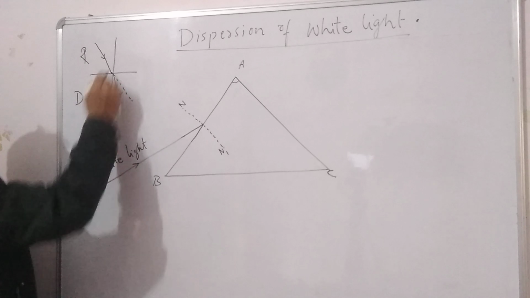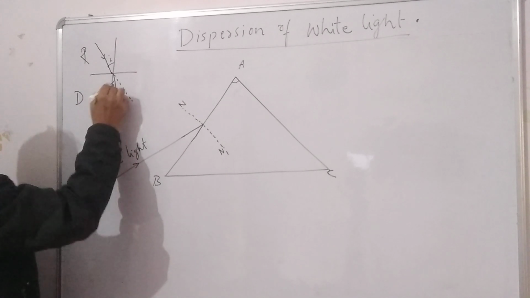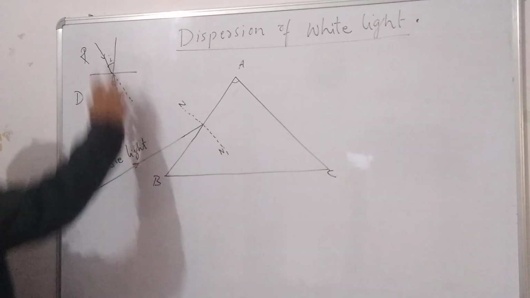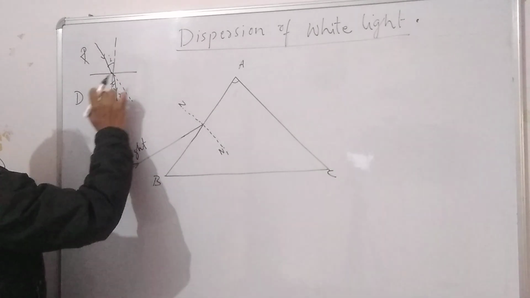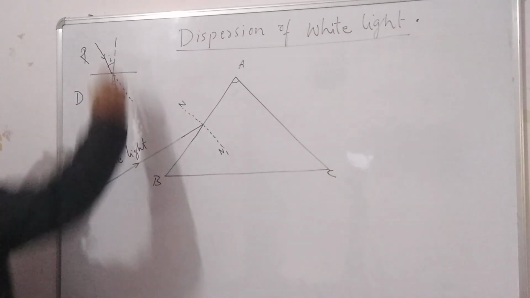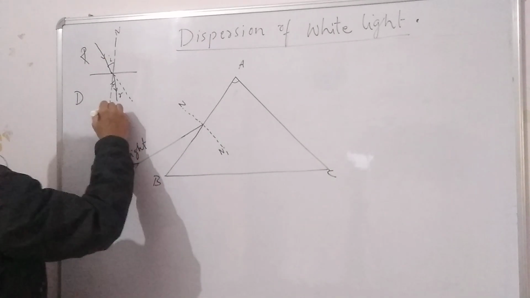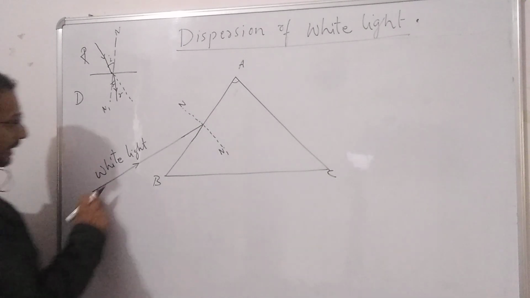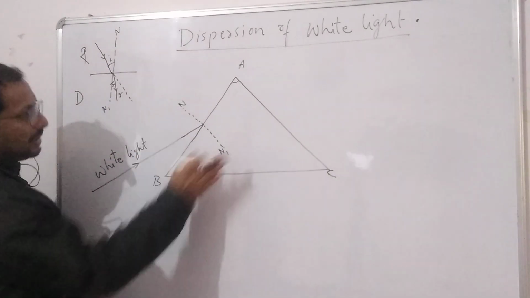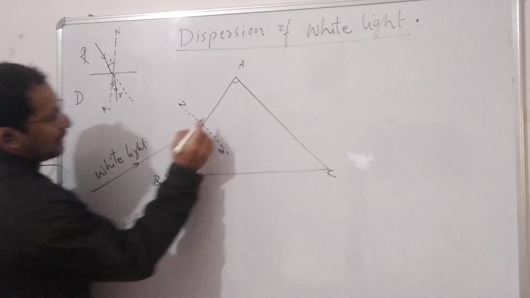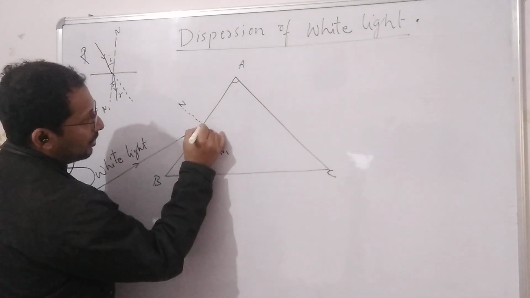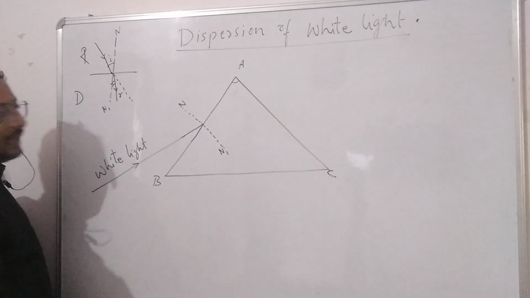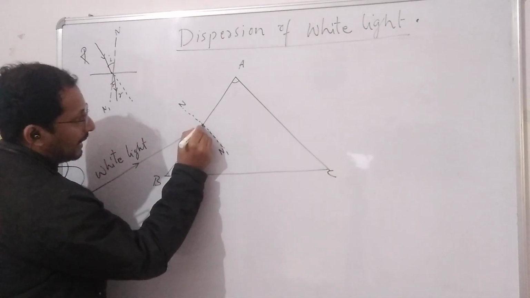This is the refracted ray MR, where it passes from rarer to denser medium, and this is the normal line L1. Same way here also, when a ray of white light passes from rarer to denser medium, it has to bend towards the normal. But here one more phenomenon takes place.